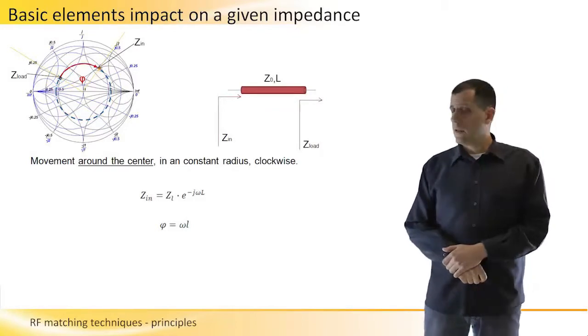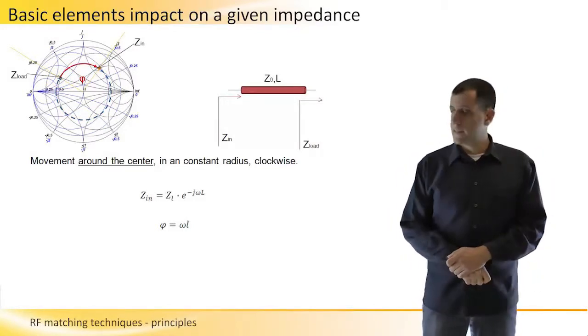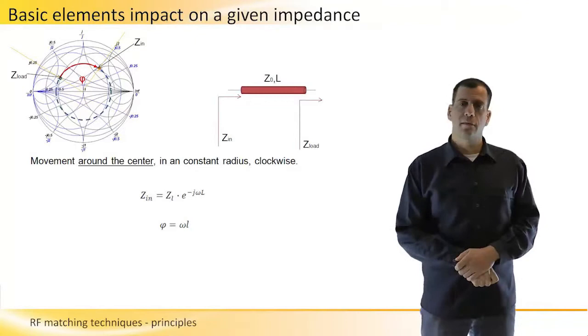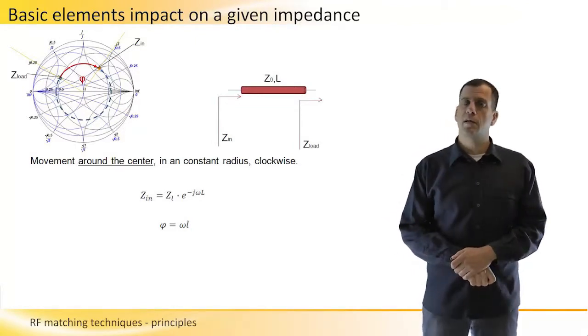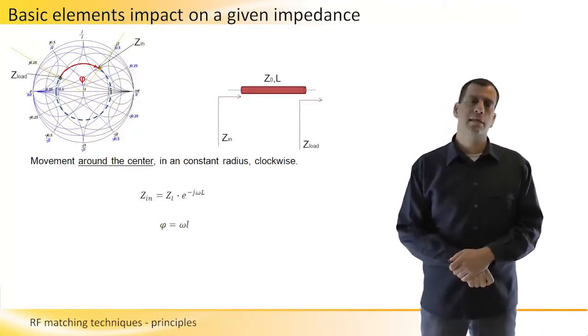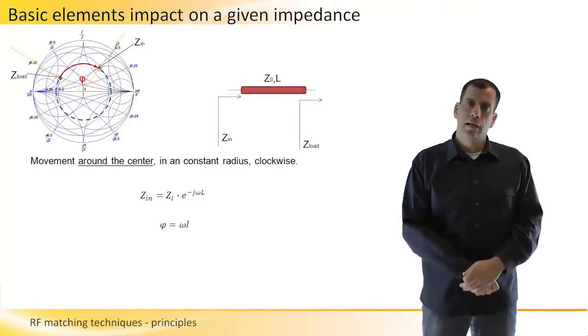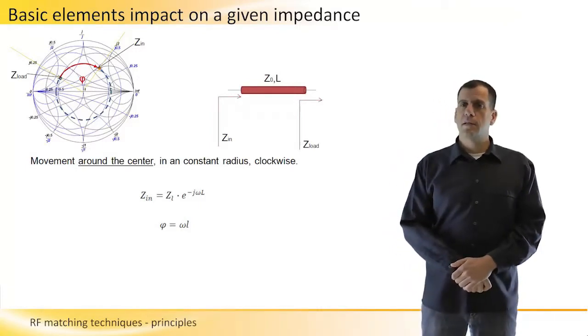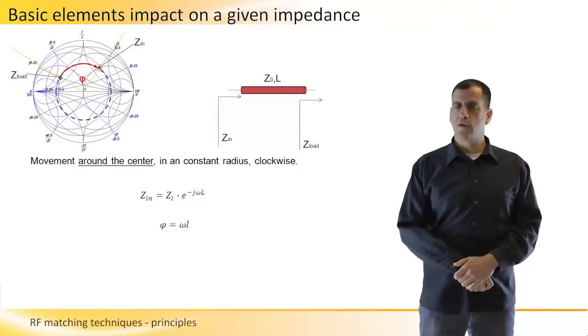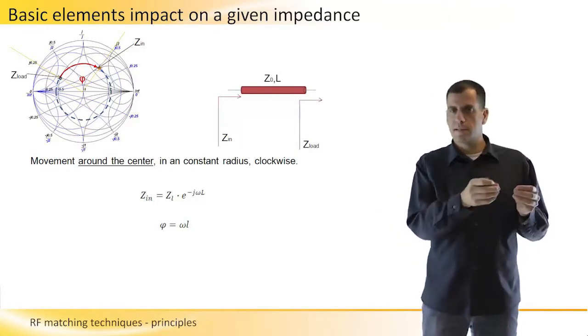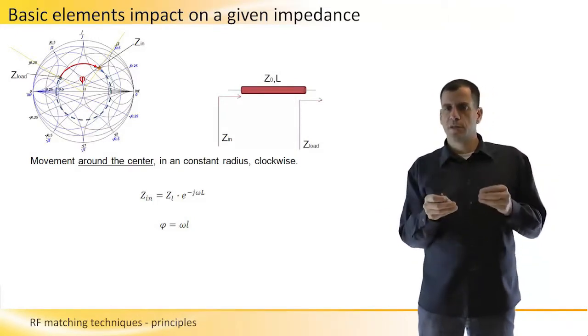Now, there are a few things that I want to emphasize here. Actually, the transmission line, why are we discussing all these elements? Those elements are actually techniques of changing the location of the impedance on a Smith chart.